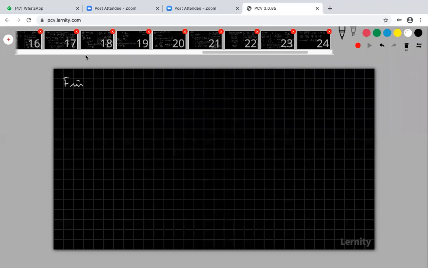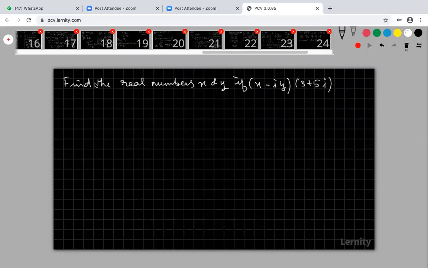Narayanan, are you clear? You asked this problem. Find the real numbers x and y if (x minus iy) into (3 plus 5i) is the conjugate of minus 6 minus 24i.